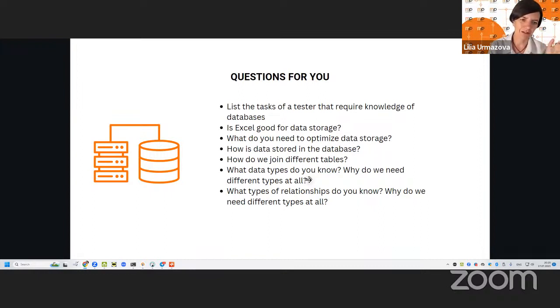Actually, maybe something else. When you add information, you are less likely to make mistakes than when you type in names or just type an ID. You're less likely to make a mistake, I think. Okay.